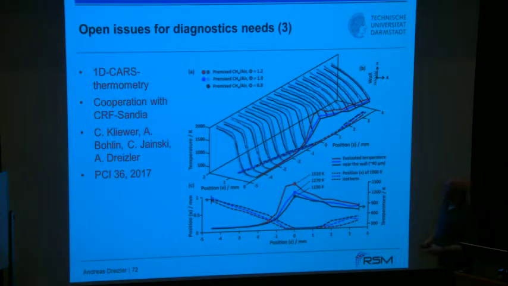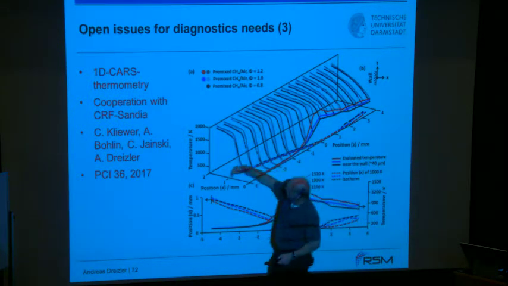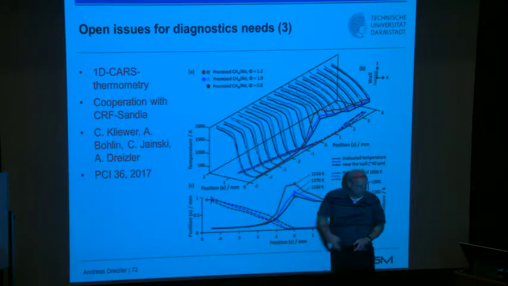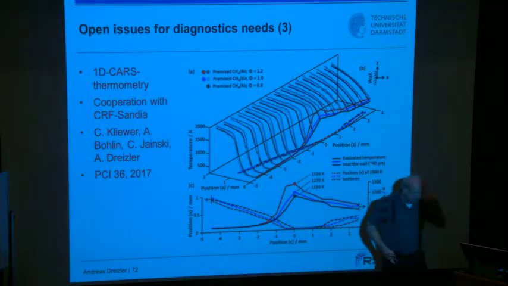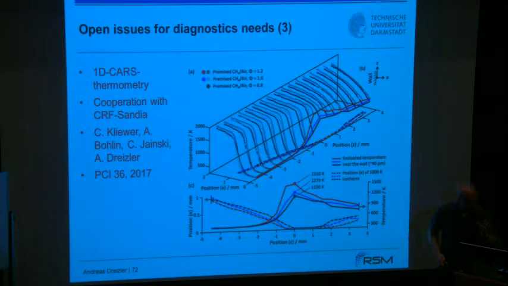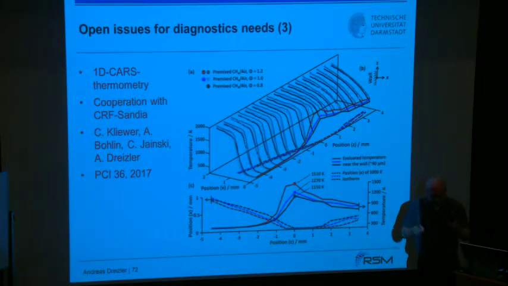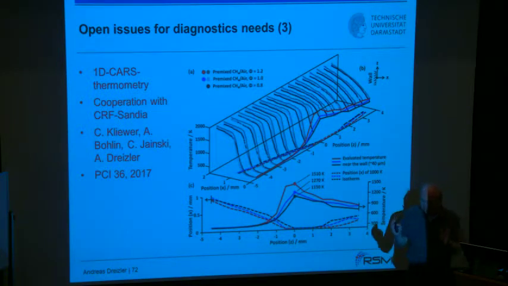And all this information along that line has been achieved in a single shot. Here it has been now averaged, but the potential is now proven that this can be used as well for turbulent cases. And that's really a huge step forward. If you now have a temperature profile along a couple of 2 millimeters or so with a 50, 60 micron resolution and really resolve thermal boundary layers, that's great.